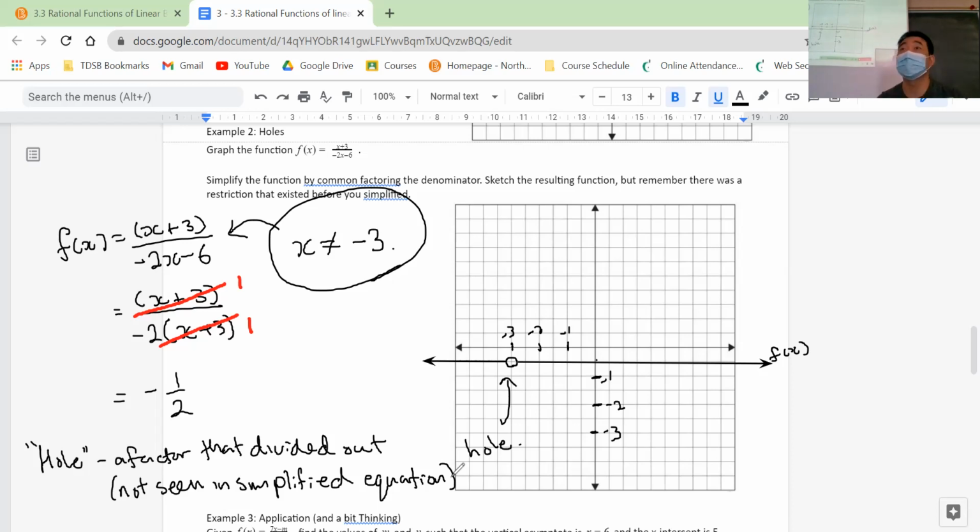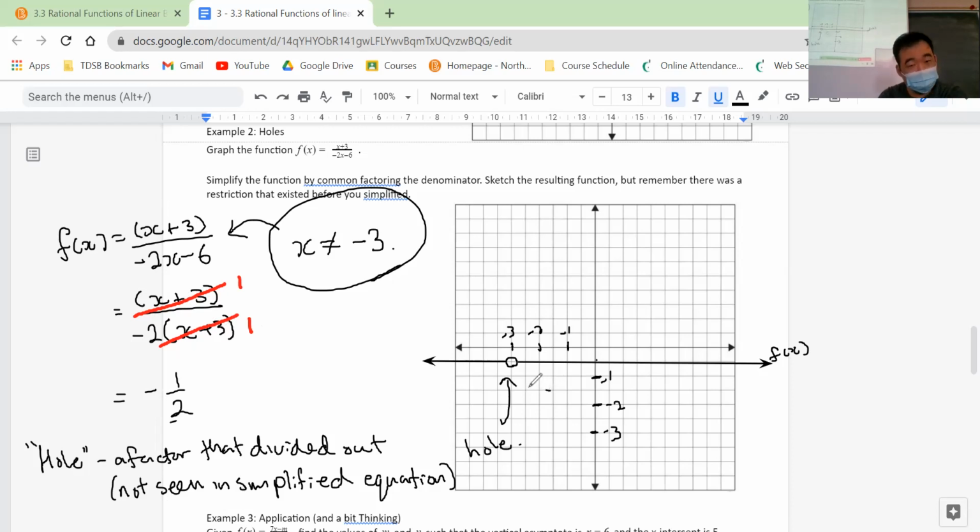You'll see it's possible. Yes, Yusuf. What if the value that was divided out... Yeah, again, depending on what factor divided out, that would tell me where the hole is.